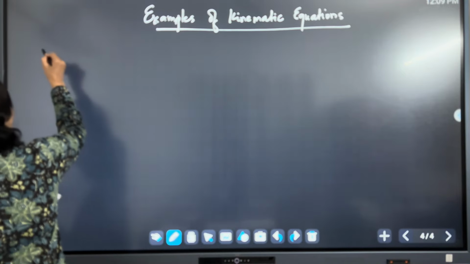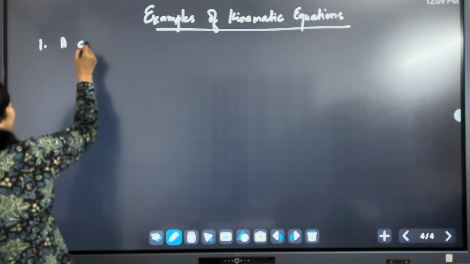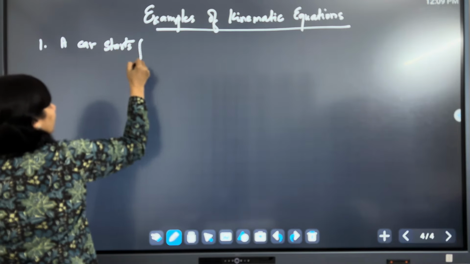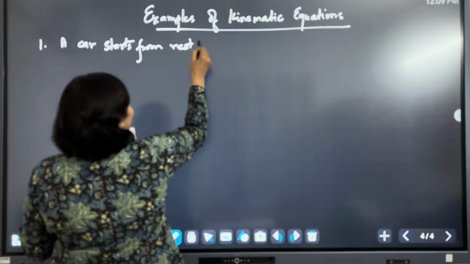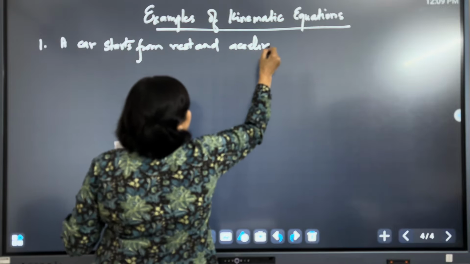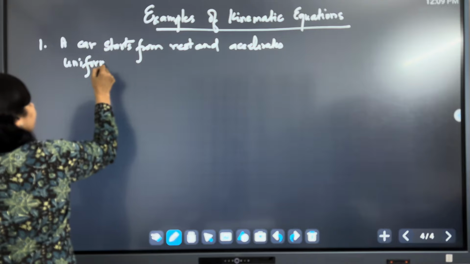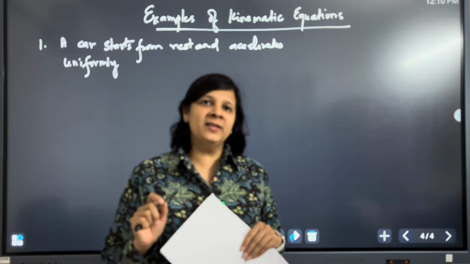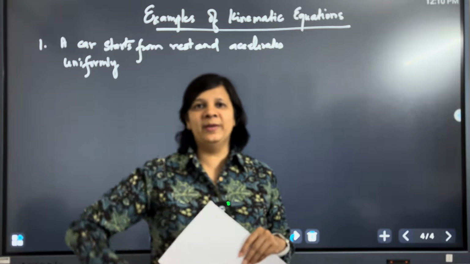Okay, the first question: a car starts from rest and accelerates uniformly. What I would suggest is that when I finish writing the question, you all should pause the video and do it yourself and then compare with my solution.